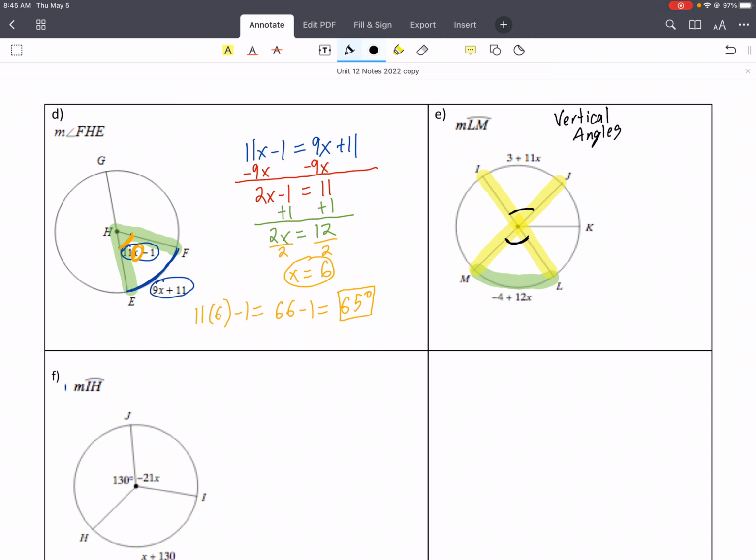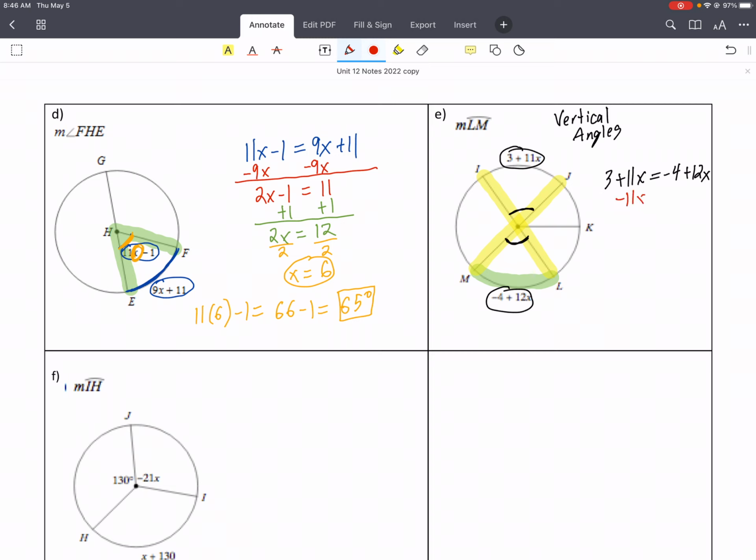Because they're vertical angles, they're the same, which means that these two are the same. So we can set them equal. So we can do 3 plus 11x is equal to negative 4 plus 12x. And now we solve.